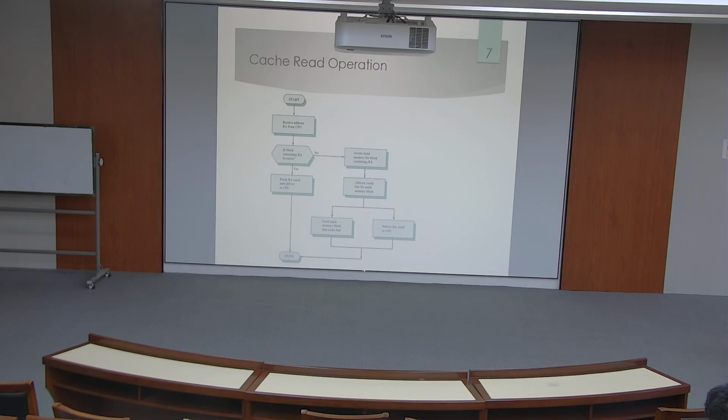Then it needs to allocate a cache line for the main memory block. Once the system has allocated the cache line, the block from the main memory has to be loaded into the cache line, and the word containing the LA address will be delivered to the CPU, and the process is done. This is the cache read operation.